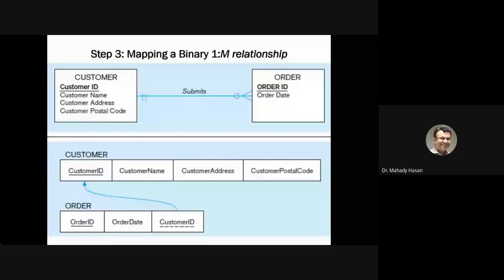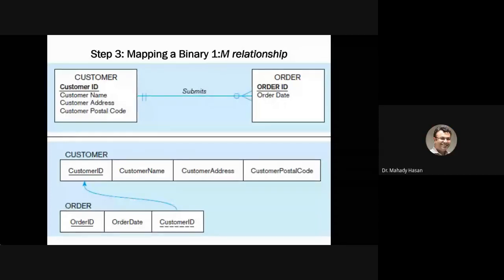Right. So we have three types of relationship in case of cardinality: one-to-one, one-to-many, or many-to-many. Very good. In this case, we have one to many. Sorry. Okay.